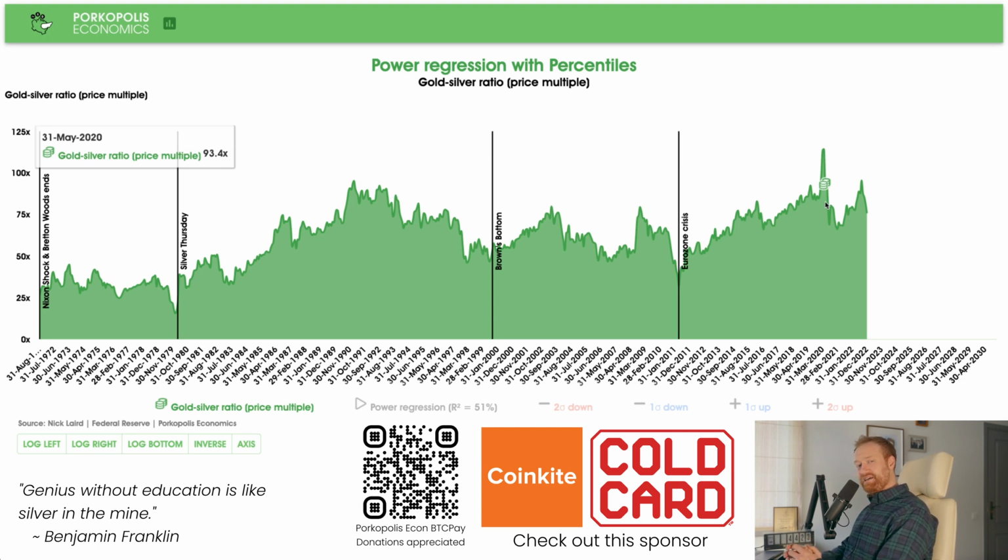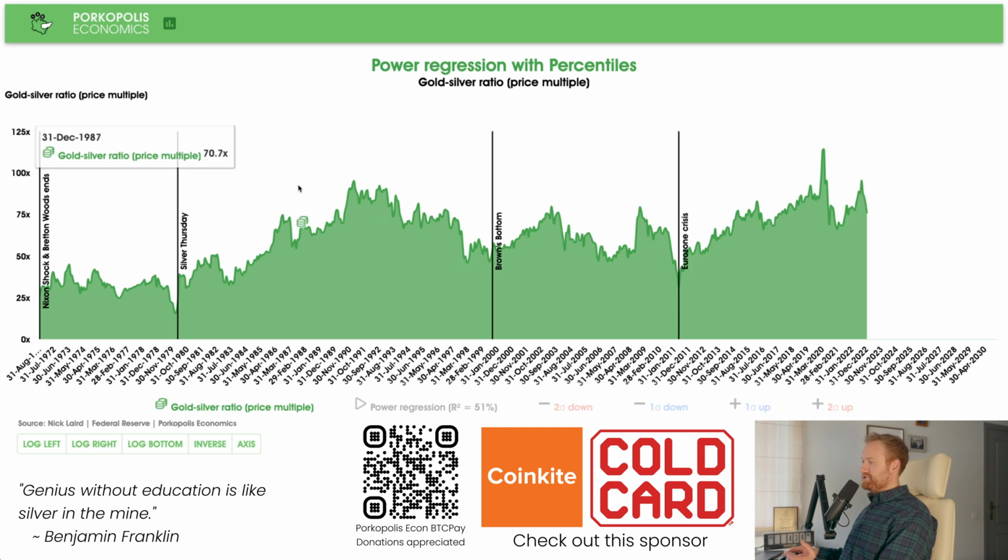That meant that it would take 114 ounces of silver to equal 1 ounce of gold in 2020. Now it has since retraced from that a little. Now the ratio is 75x. You see it's been bouncing around, of course. Commodities are volatile relative to the fiat unit at the moment, which is the dollar. And it's been bouncing around.